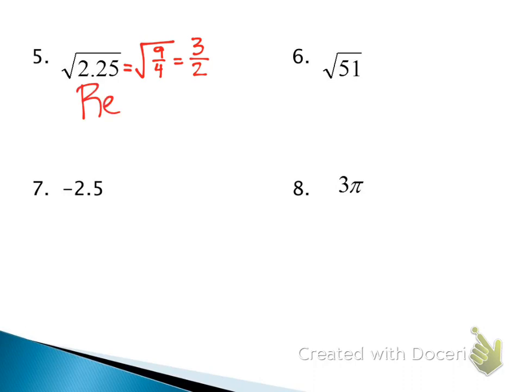The real numbers. Is it rational or irrational? Rational. Very good. If it can be written as a fraction, that's part of being a rational number.